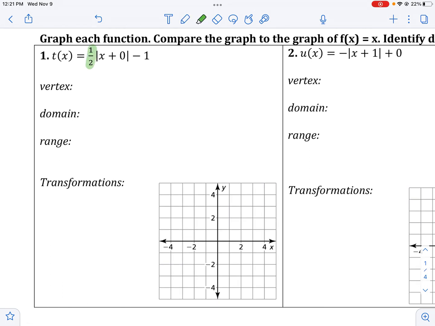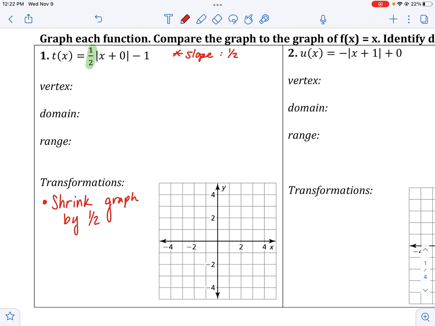My a value is less than 1, so that is going to shrink the graph. It's going to make it half as tall. Now a quick note here is that your slope is that a value. Your slope is going to be 1/2.